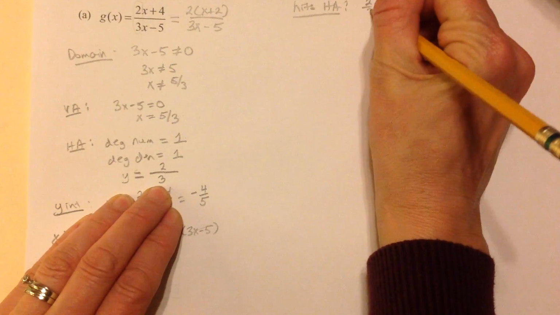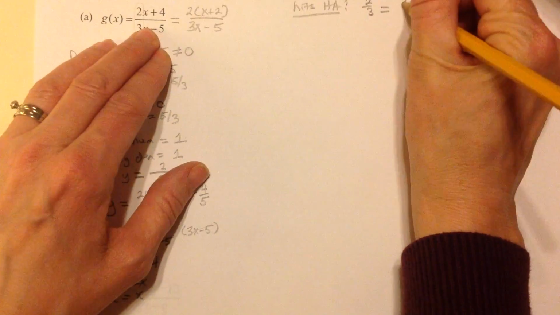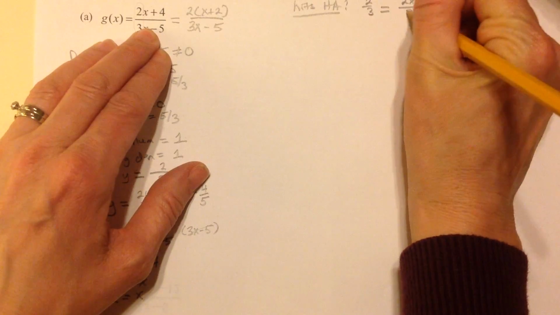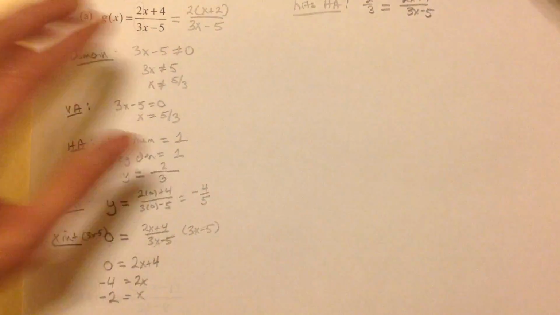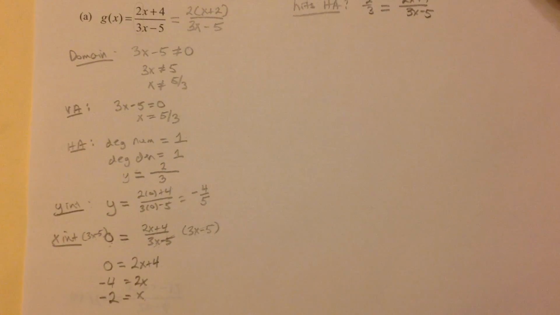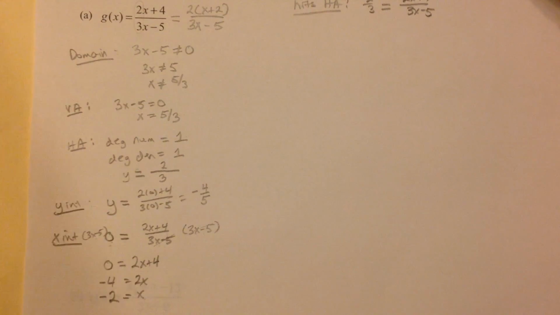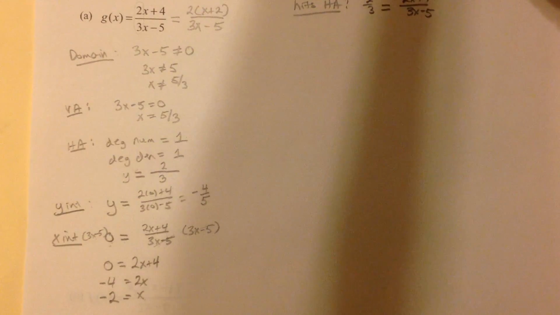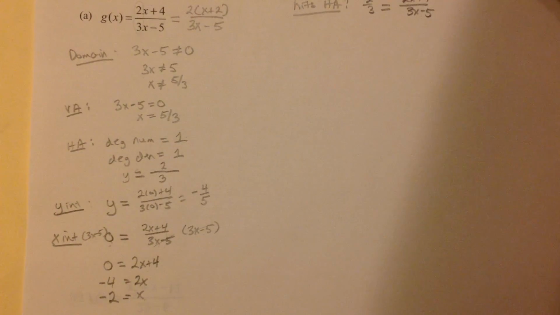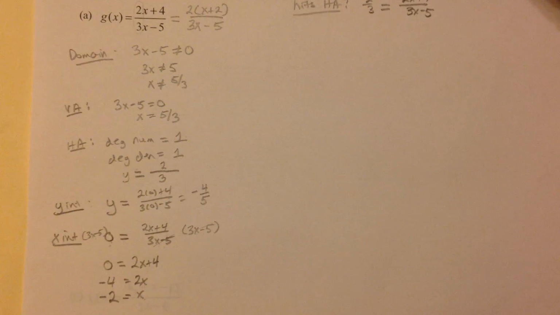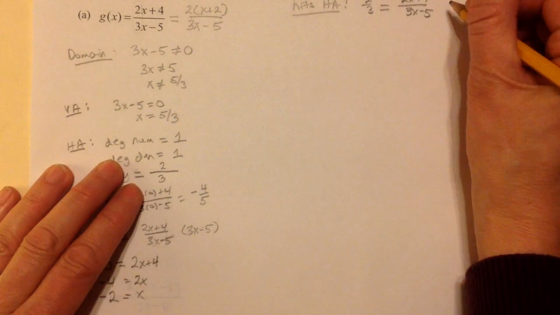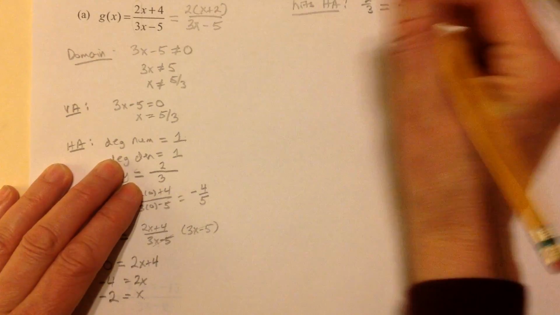So I want to know, does 2/3 equal the original function? Okay, so that's the question that we have to ask. And in order to solve that, again, notice that we have a rational equation. So we're going to multiply both sides of the equation by the denominator 3x minus 5.